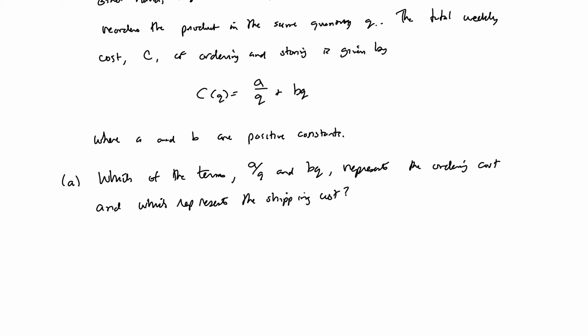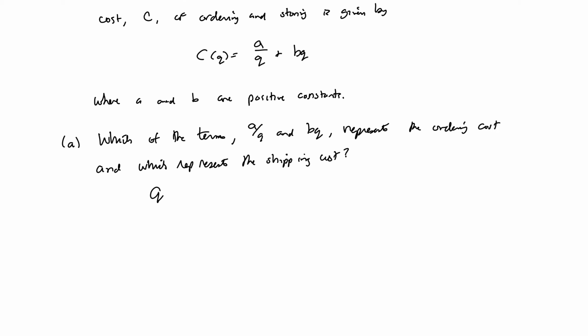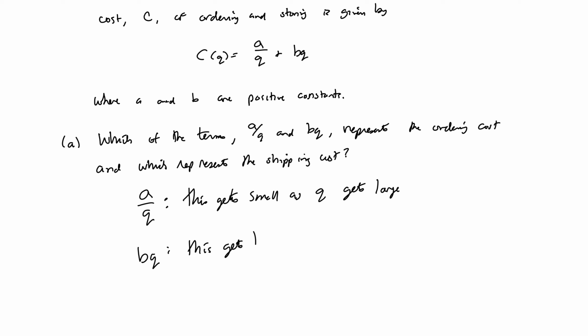So if we look at each of these terms, let's take A over Q here and BQ. So as Q gets large, A is a positive constant, so this gets small. And this gets large as Q gets large.